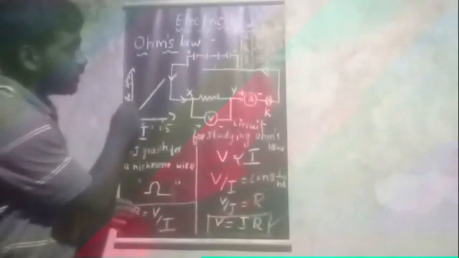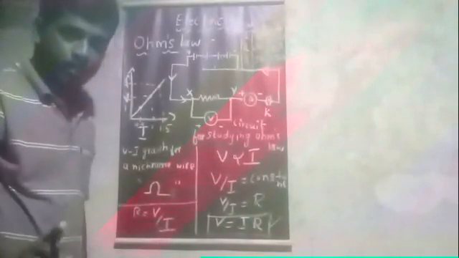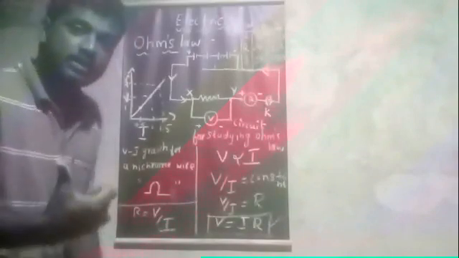So 0.5 ampere for 1 volt, that is the first point on the graph. Then for 2 volt, the value is 1 ampere, so here is the second point. The third point is here at 1.5. So while joining these 3 points, we will get a straight line passing through origin. So that gives the relation that potential difference is directly proportional to electric current.